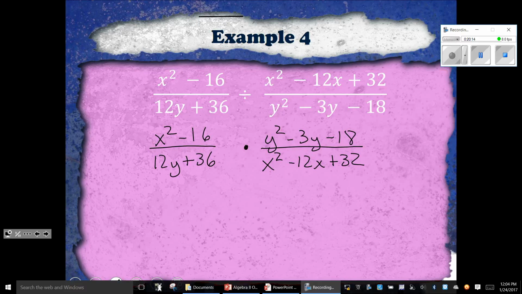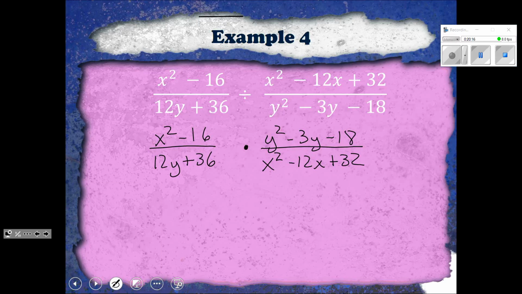Okay, so let's see what we got here. How many could factor at least one of them? Like you could do more, but at least one? Okay. So how am I going to factor my first one? X and X and plus 4, minus 4. Okay. How about the bottom?